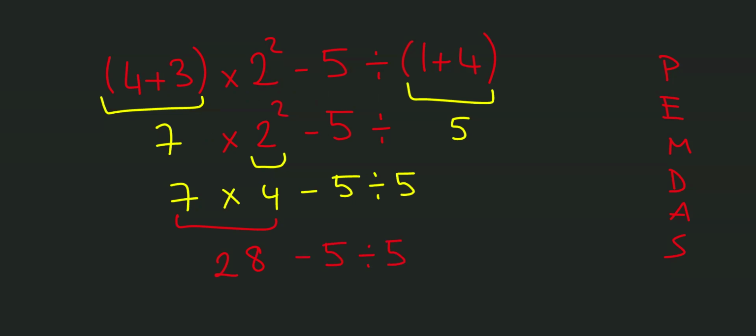So subtraction and division, 5 divided by 5, 1. So that's 1. Then the expression becomes, let's continue from here, 28 minus 1, which is 27. So the answer is 27 for the expression.